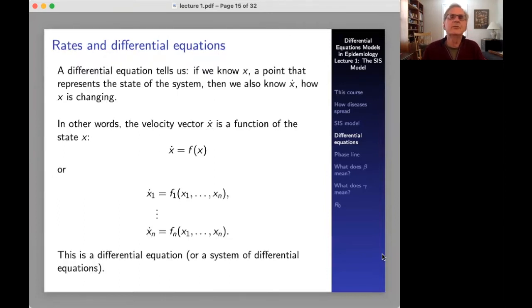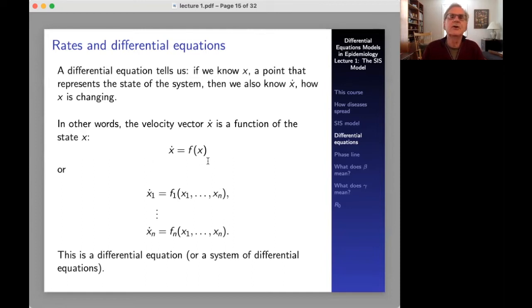So what a differential equation tells us is, if we know x, a point that represents the state of the system, then we also know x dot, how x is changing. In other words, a differential equation tells us the velocity vector x dot as a function of the state x. X dot is f of x. X is in Rn.